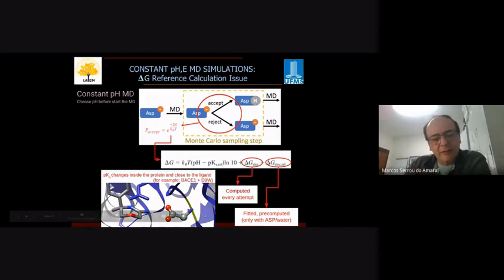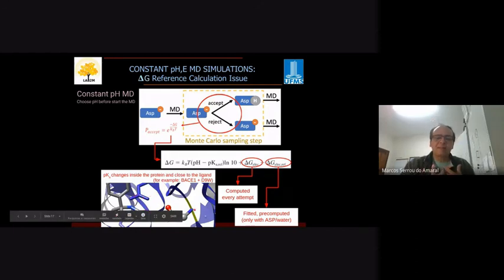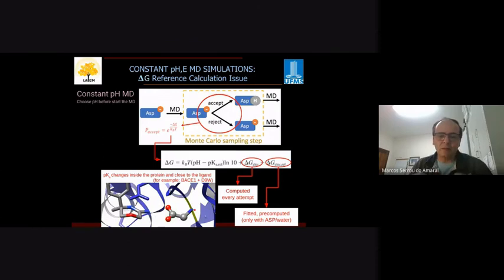You have charge here. So this is a good way to have the correct interactions between your protein, mainly the aspartic acid, and the ligand. This is one of the reasons that you need to do that.